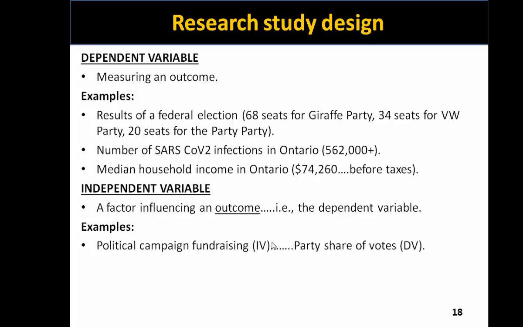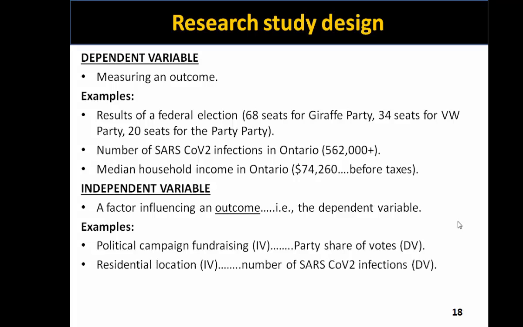One of the independent variables in this case could be political campaign fundraising. So to what extent does campaign fundraising influence the party share of votes? Another example here with respect to the number of SARS-CoV-2 infections, which, as we established earlier, is our dependent variable. That's the outcome we're interested in.